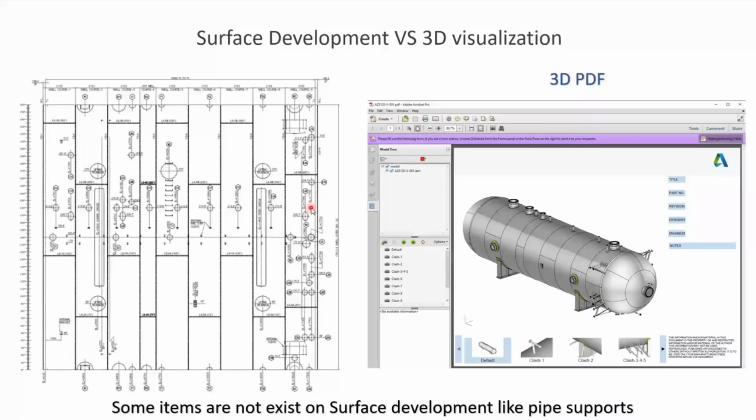One more point we would like to discuss, which is surface development and the 3D visualization. Here in that drawing, you can see that you locate the opening locations, the welding lines, all of that on your drawing. And actually, this drawing shows the outside shell, or the outside lines only.